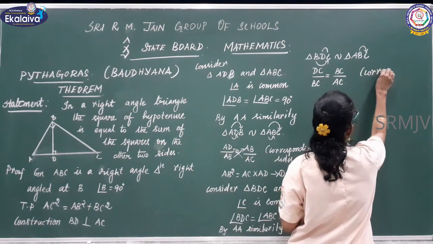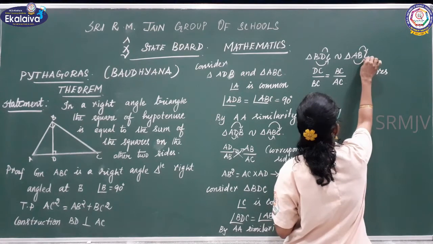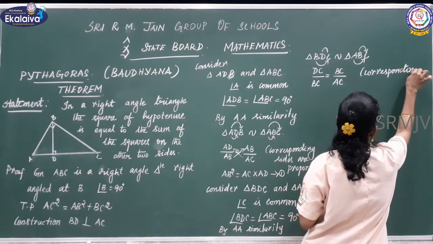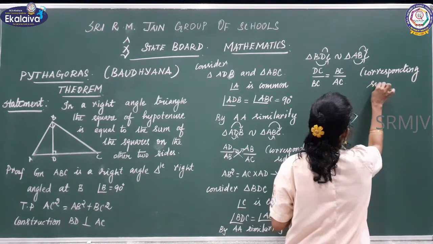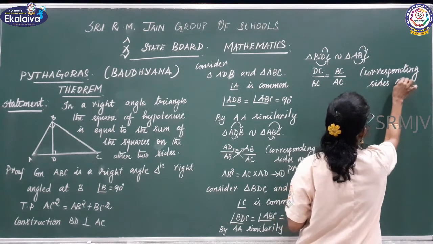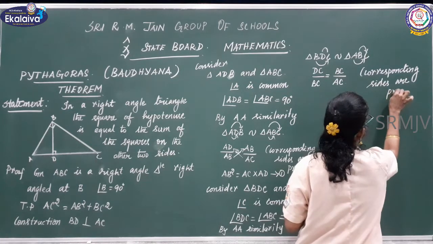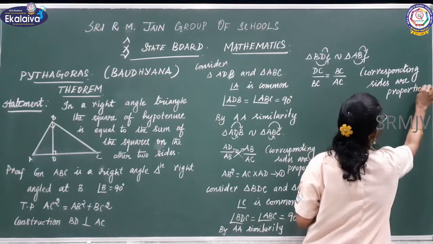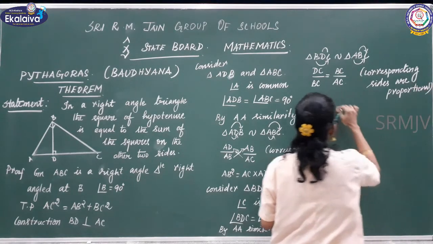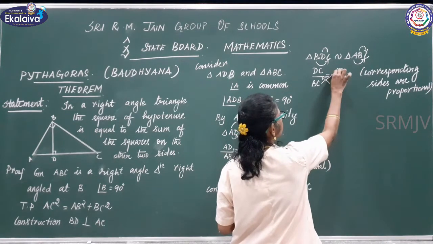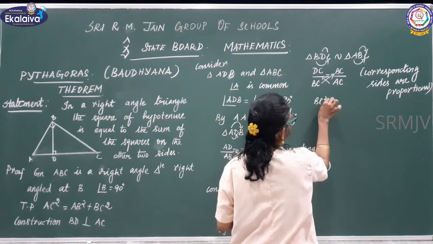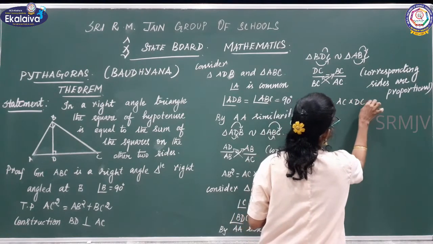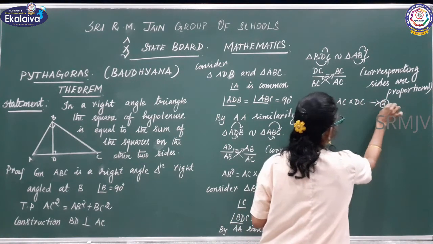Corresponding sides are proportional. The reason you have to write it in the right side, children. Now we have to cross multiply. BC square equal to AC into DC, that is equation number 2.